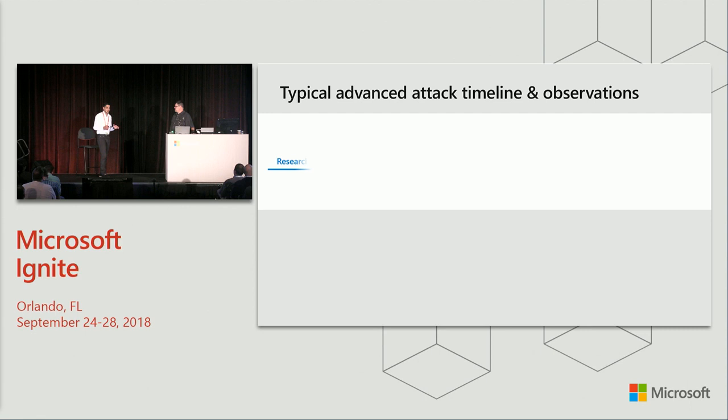So I want to start by giving you the typical advanced attack that we're seeing, the timeline that we're seeing. And there are some key observations that I wanted to share before we deep dive and take the attacker perspective for a second. First, and this is what Alex will show you, every time it surprises me how easy it is to get the first hold in the network.